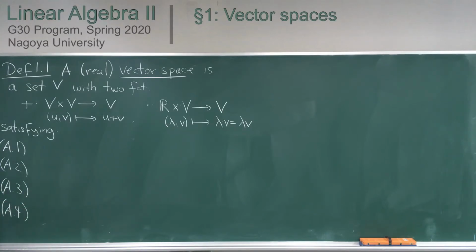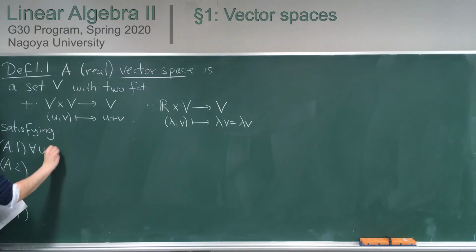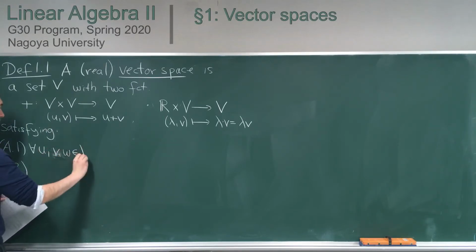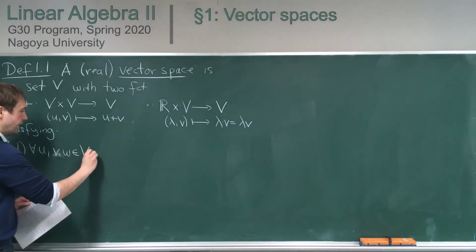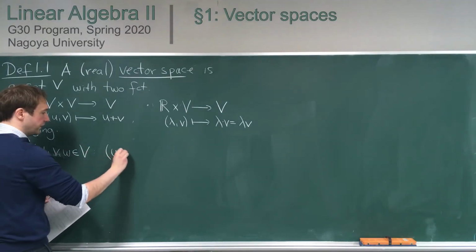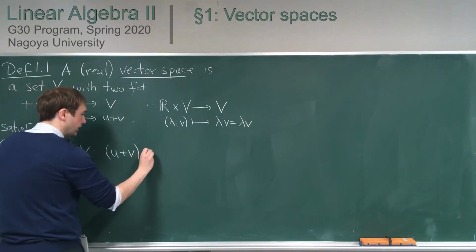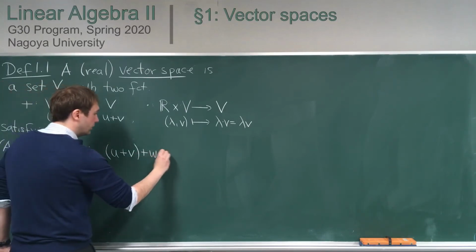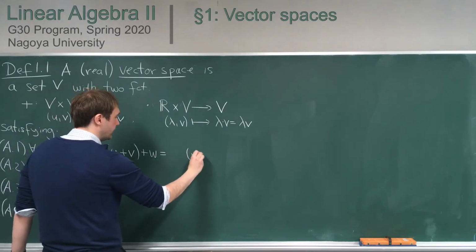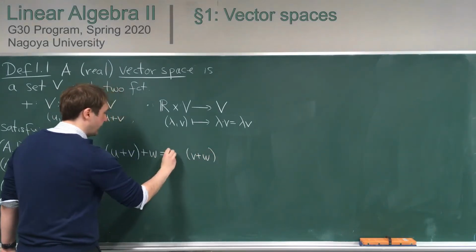And the first one is that if I have three elements in V, u, v, and w, then it doesn't matter if I first add u and v and then add w, or if I first add v and w and then u.